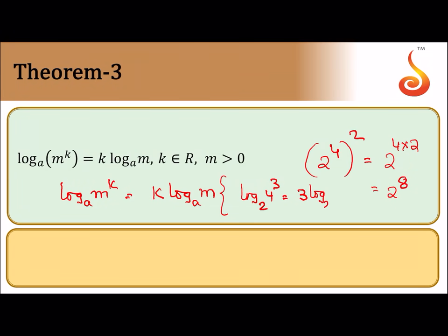So I take an example. Log base 2 of 4 cubed can be written as 3 log base 2 of 4. How did it come? This is 2 to the power 4 whole squared, which is 2 to the power 4 into 2, 2 to the power 8.